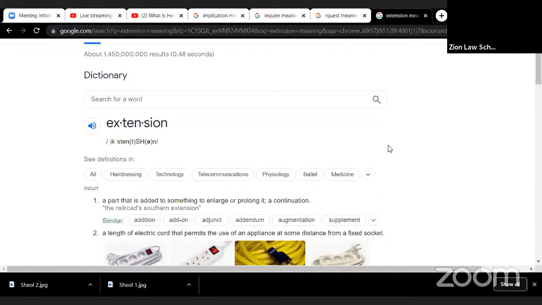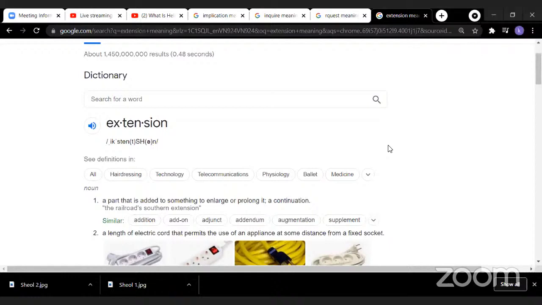Okay. So this is the analytical process we should go through. I just want to demonstrate how to look up these words to get a precise meaning and how to handle them. I'm speaking to the audience now.